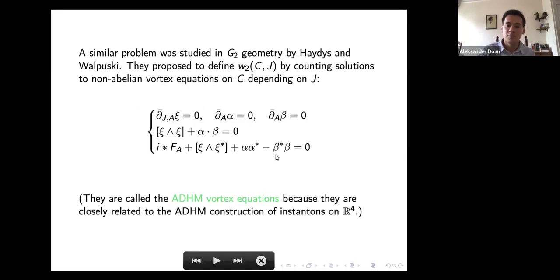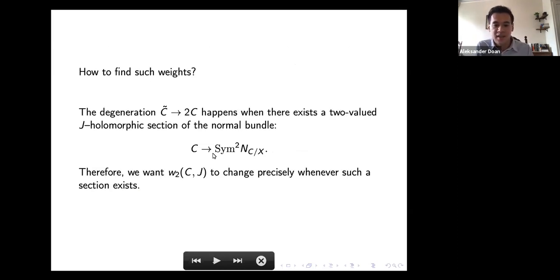A very similar problem was studied in G2 geometry by Haydys and Walpuski. They were interested in either counting G2 instantons or counting associative submanifolds of G2 manifolds. Unfortunately, I won't have time to go into details, but essentially they produced a general way of finding equations which jump exactly when I have a phenomenon like this.